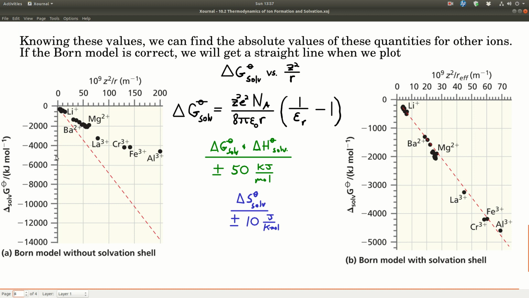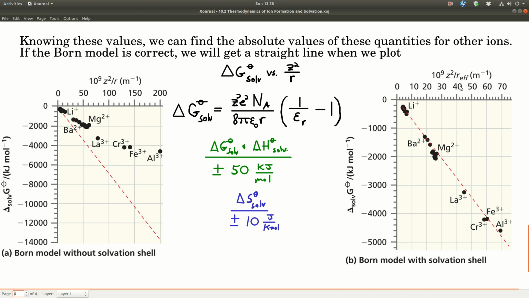And in this graph, guys, the R that we use is the ionic radius that we get from the crystal structure, the X-ray crystallography, the radius of the ion. Over here, they use what they call the effective radius rather than the radius of the ion.